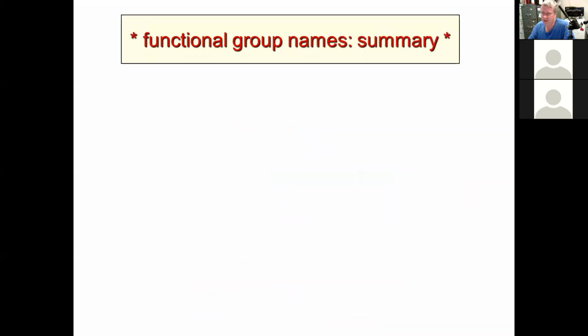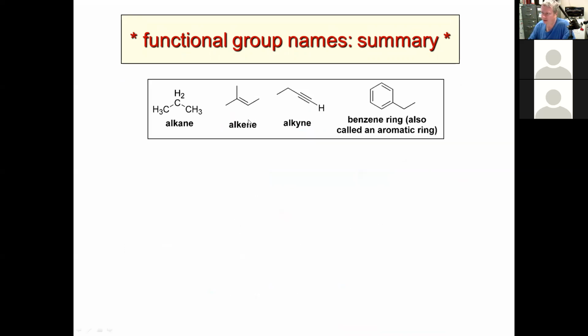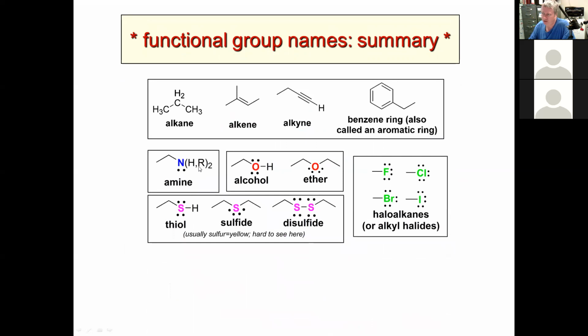Okay, this is a cool summary, and if you have a printer, certain sheets might be useful to print and put in your notes or something. Functional group name summary. So alkanes, alkenes, alkynes, aromatic rings. That's those. Then we have amines, carbon with nitrogen, alcohols and ethers, thiols, sulfides, and disulfides.